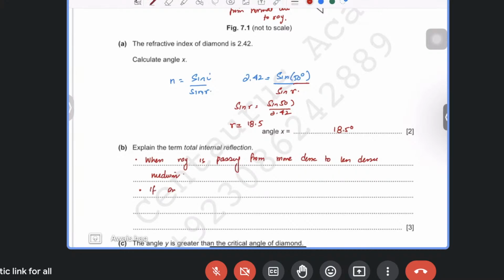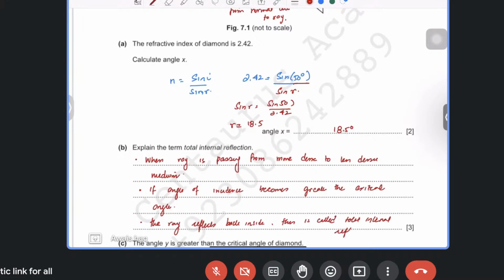If the angle of incidence becomes greater than the critical angle, that would be the second point, the ray reflects back inside. This is called total internal reflection. So please, back inside the same medium.